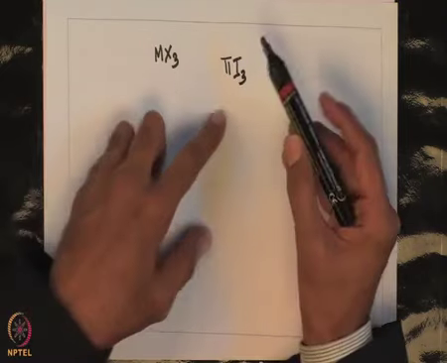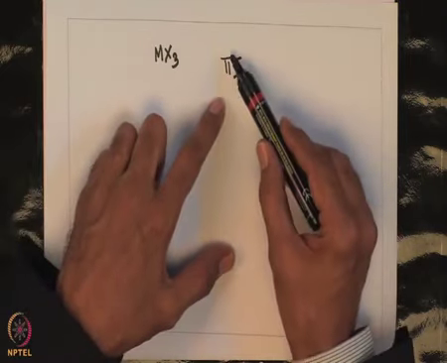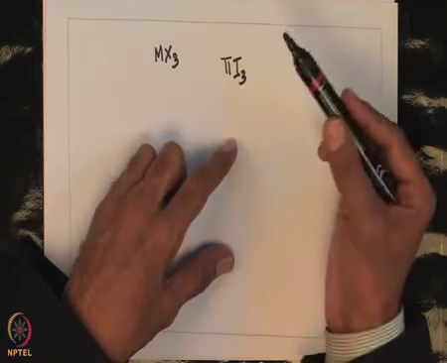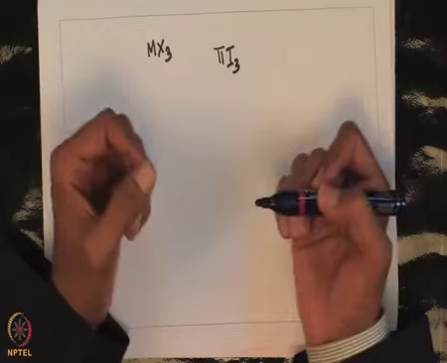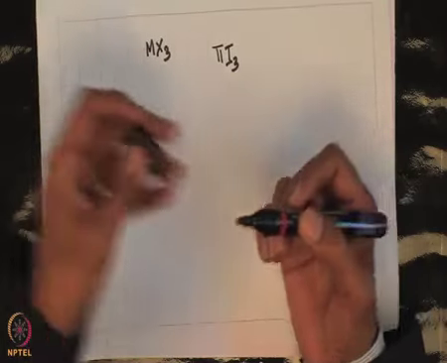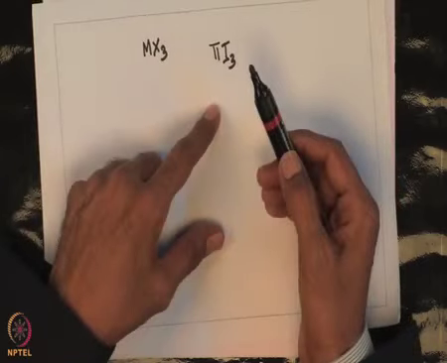In thallium triiodide, one is highly oxidizing and one is highly reducing, and it is very difficult to bring these two together. As a result, TlI3 is a bit difficult to make, and it is also highly unstable.